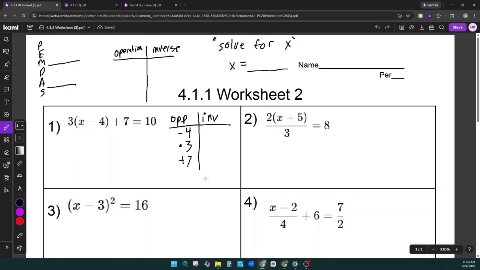Opposites in math cancel one another. So if I have a plus 7, the way I get rid of plus 7 is by subtracting 7. The way I get rid of multiplying by 3 is dividing by 3. And the opposite of subtracting by 4 is adding by 4. And by doing these operations in order, I will be able to cancel everything around x and get x by itself.